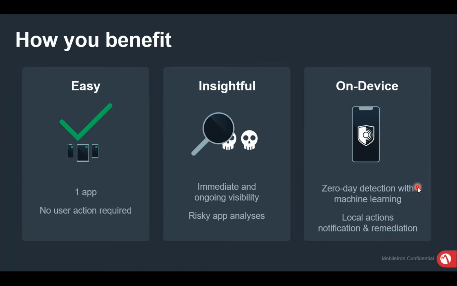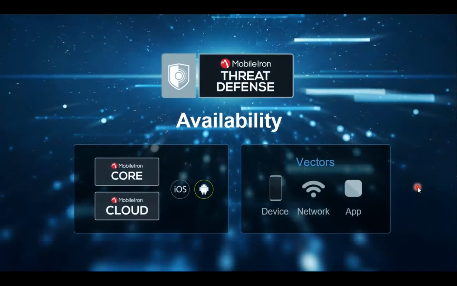If you have your own application, you can have your own app analysis, put it in the policy and set it as an exception, or, based on the number of applications used by the user, you can also do app analysis and give a rating yourselves. Everything happens on the device, with local action notification and local remediation.